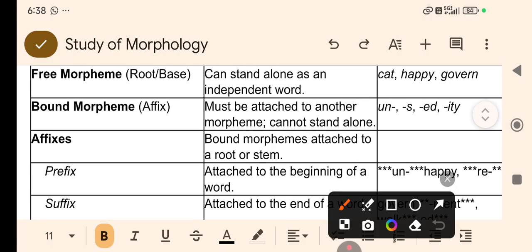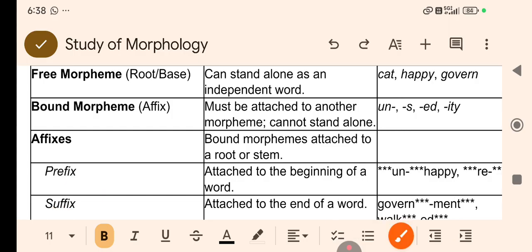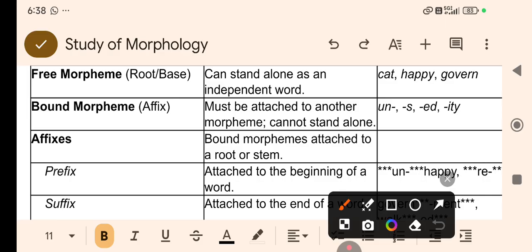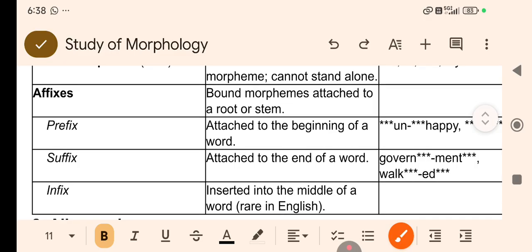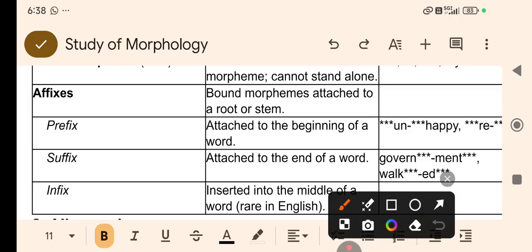Affixes are prefix, suffix, and infix, and affixes are called bound morphemes. Bound morphemes attach to a root or stem, the root or base, right?